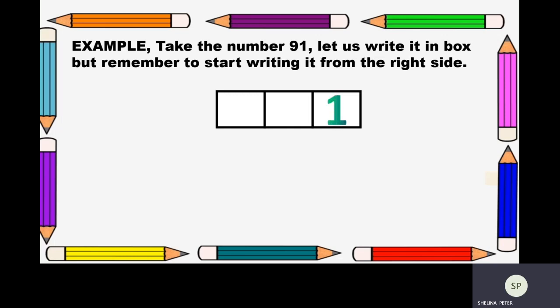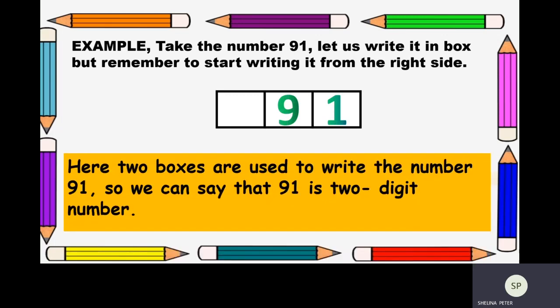So 1 will come in this box and 9 will come in this box. So as you can see here, 2 boxes are used to write the number 91. So we can say that 91 is a 2-digit number. That means to write the number 91, we have used 2 boxes here.